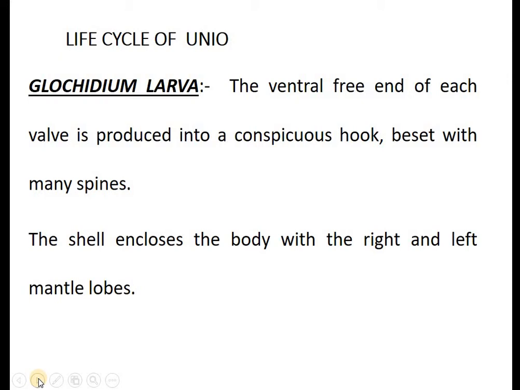The ventral free end of each valve is produced into a conspicuous hook beset with many spines. The shell encloses the body with the right and left mantle lobes.